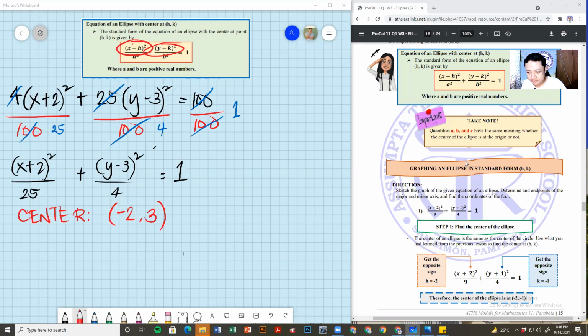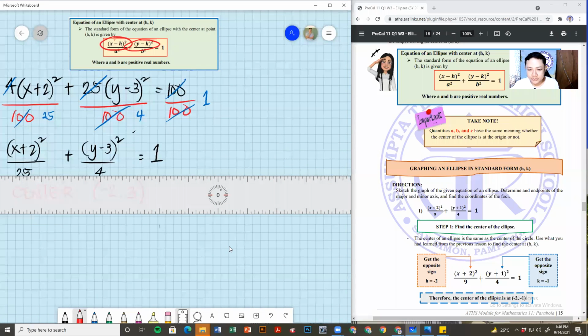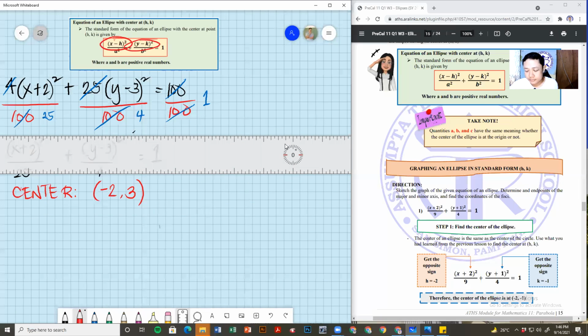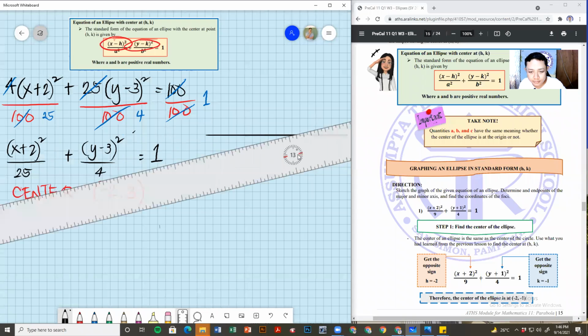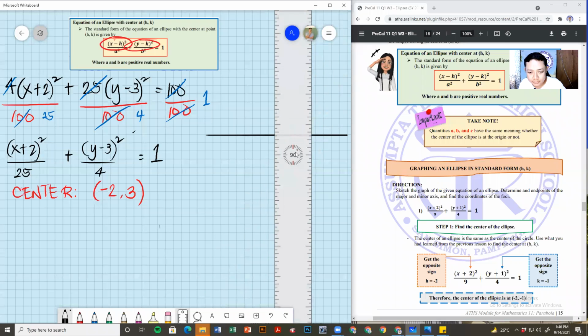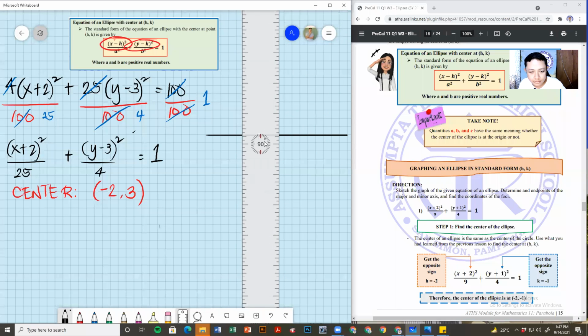Very good. Okay, let's now start doing our graph. Let me just draw a line here. It's negative 2, 3.